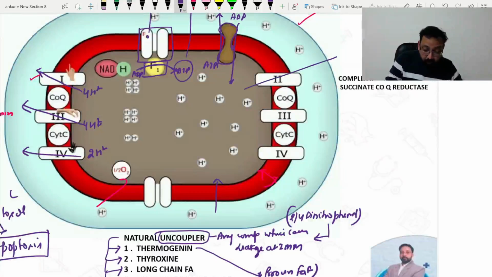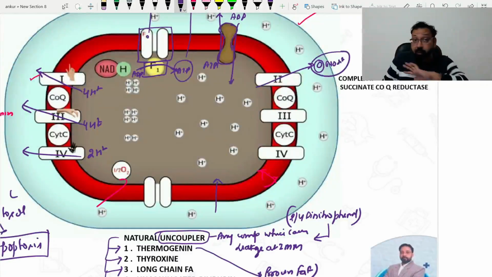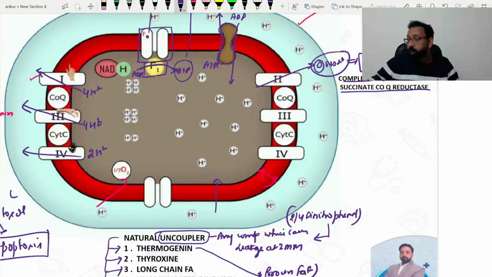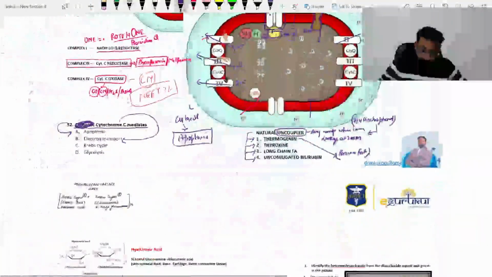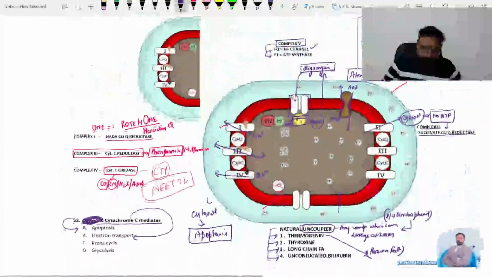While complex 2 transfers how many H+? Yes, you know, 0 H+. When it transfers no H+, it contributes no ATP. Question is asked: complex 2 is succinate coenzyme Q reductase. It transfers how many H+? 0 H+. So it produces how many ATP? 0 ATP. Okay. Now, so this is the electron transport chain.